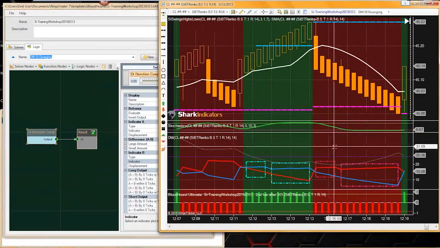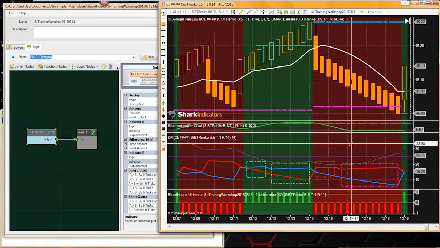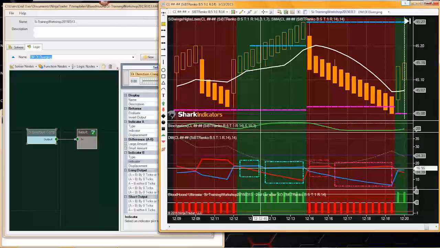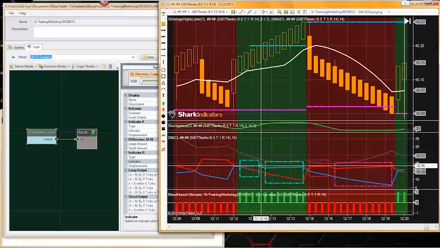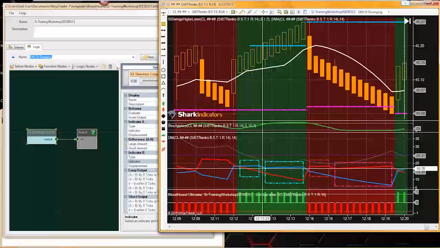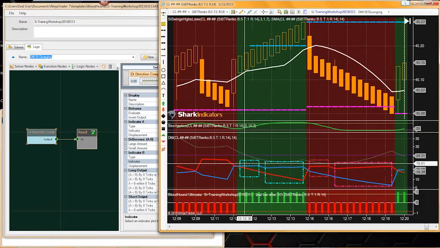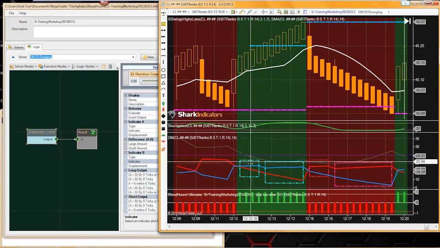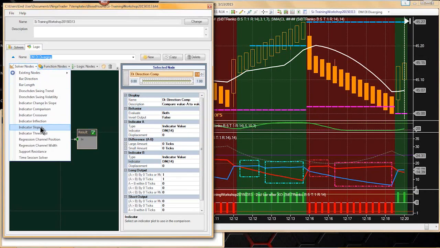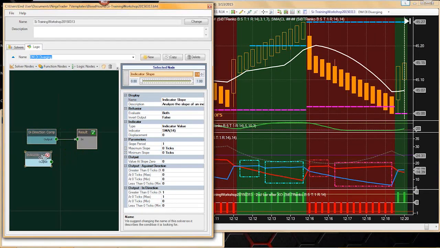Okay, so now that we know the trend direction from the DI plots, now we need to get rid of the areas where the DI plots are converging. So when they're converging, we want to eliminate those areas so that we only are left with the DI divergence. So let's try a simple solution here, we're going to use the slope indicator.